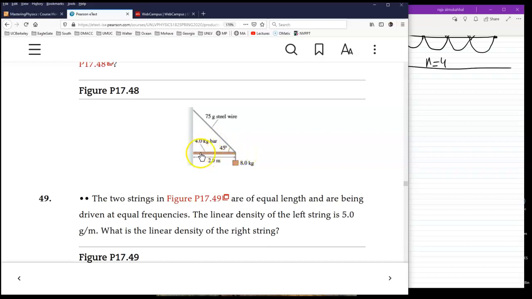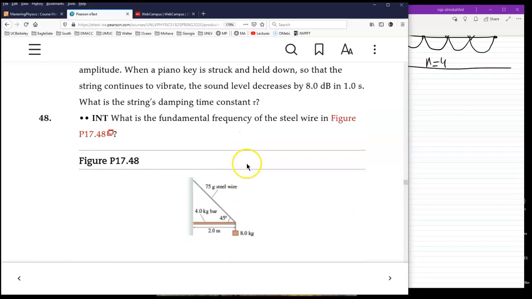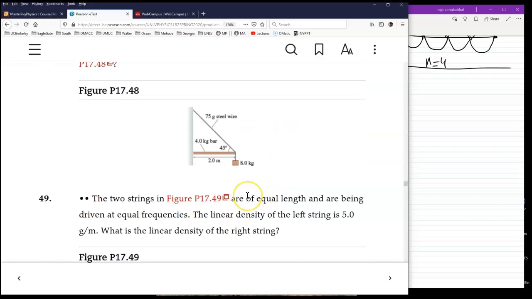The mass of the beam is 4 kilograms, and then the steel wire has a mass of 75 grams, which is pretty small. As a result of this mass, the wire here is vibrating, oscillating. He said, what's the fundamental frequency, which means what? f sub 1. What's the fundamental frequency of the wire?